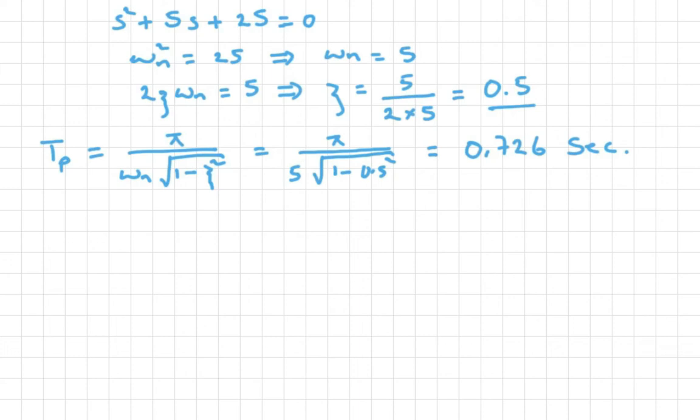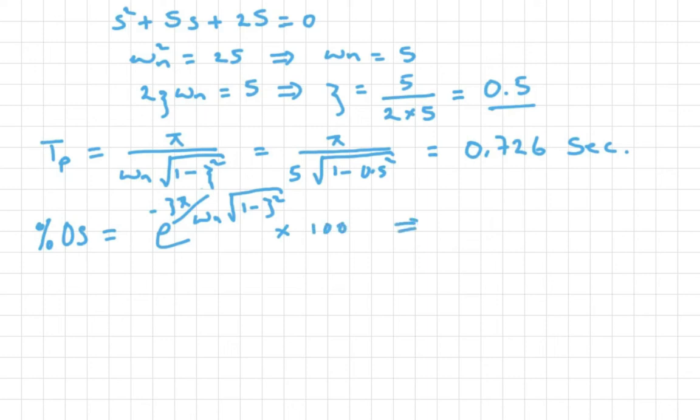And then our percentage overshoot is equal to e raised to the power minus zeta pi over omega n square root of 1 minus zeta squared, and all of this multiplied by 100.